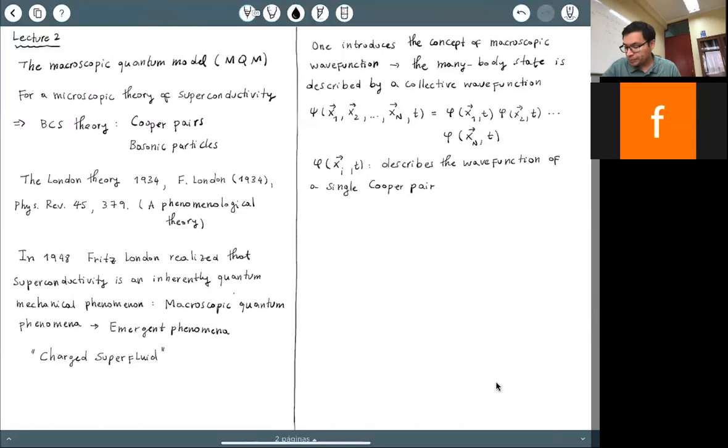And so the macroscopic wave function we have here, this psi, is nothing but a product state.